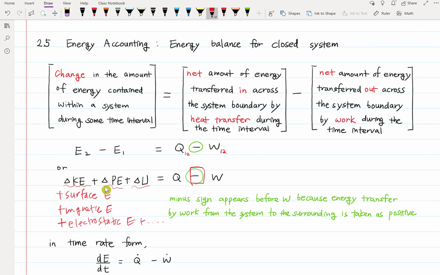It's the opposite of Q. The word net indicates the amount of energy transferred in, subtracted by the amount of energy transferred out across the system boundaries. So here Q actually means Q in minus Q out. It's the same for work. W equals W in minus W out.